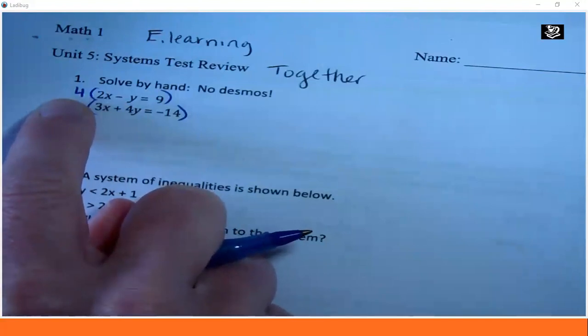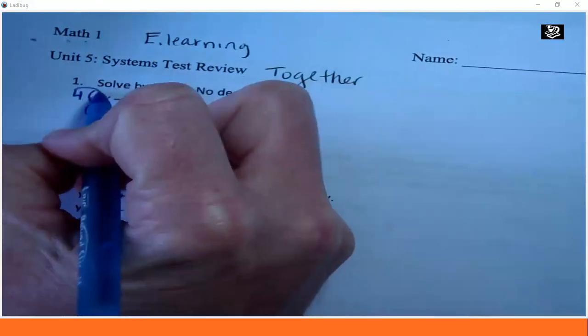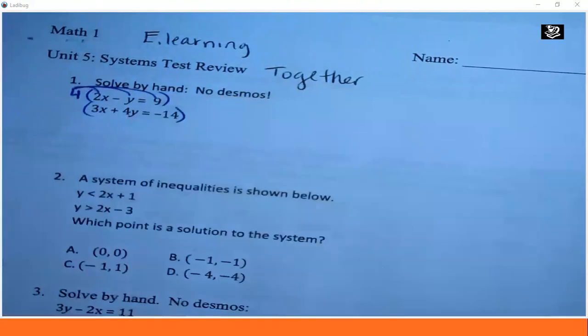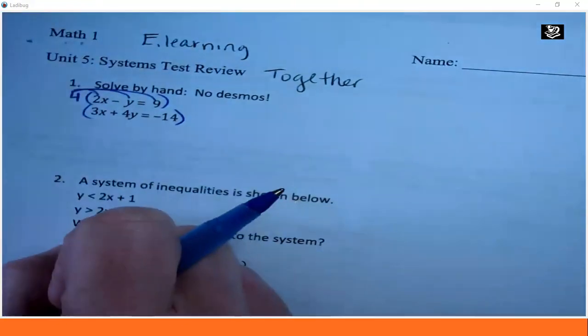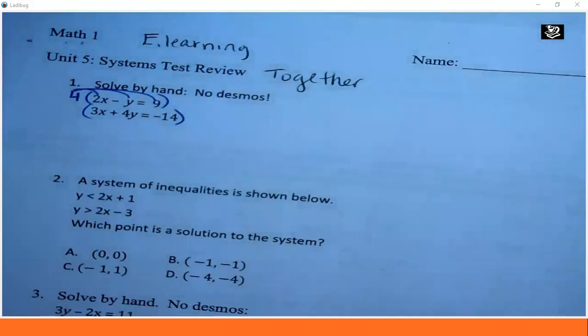Those of you with your computers, if you'll just do them halfway or all the way, either one's fine with me. So put a 4, and you're going to multiply everything by 4. Chase, 4 times 2x? 8x.